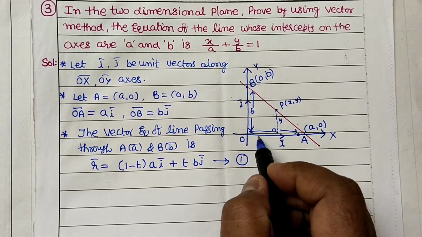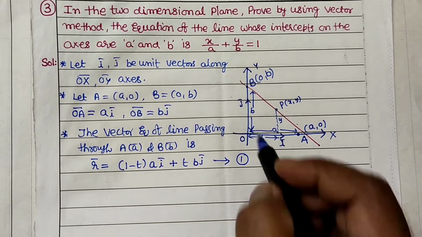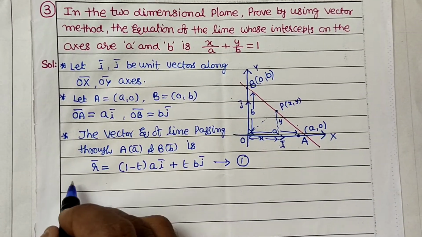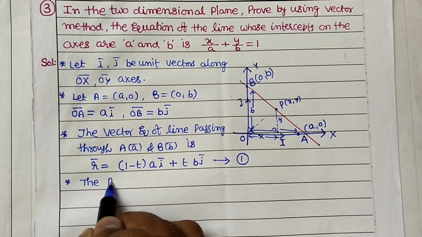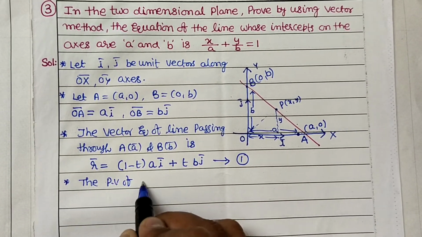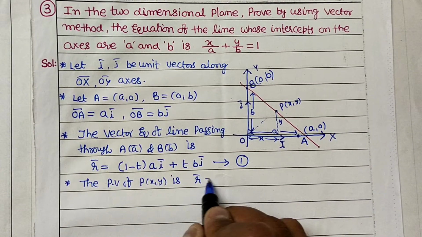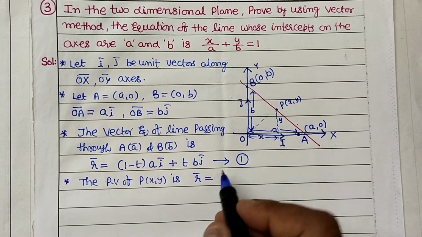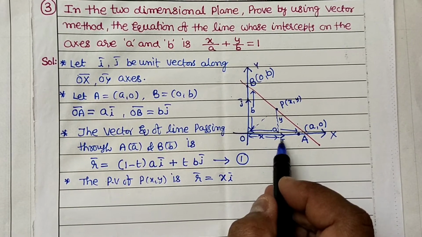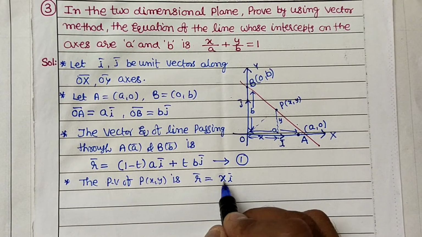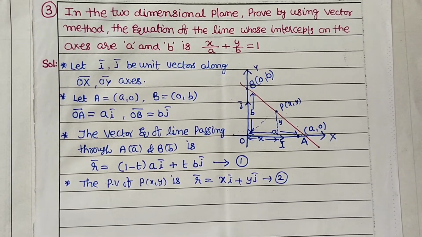So the position vector OP can be written as R bar equal to x i bar. X is the magnitude from here to here, and I bar is along with x-axis. So R bar equal to x i bar plus y j bar. Equation number 2.